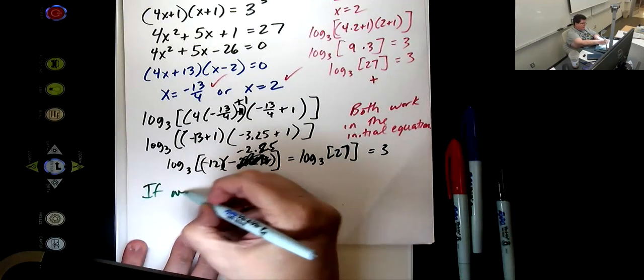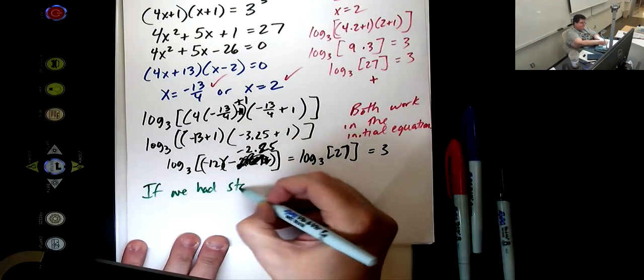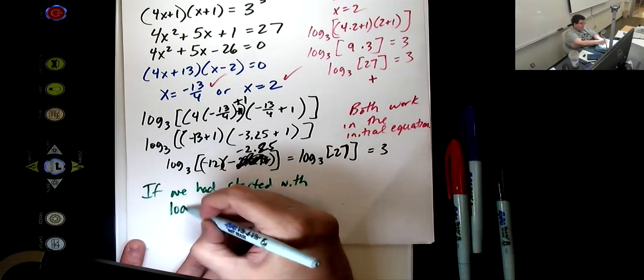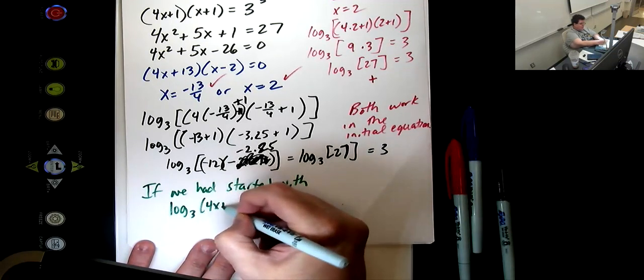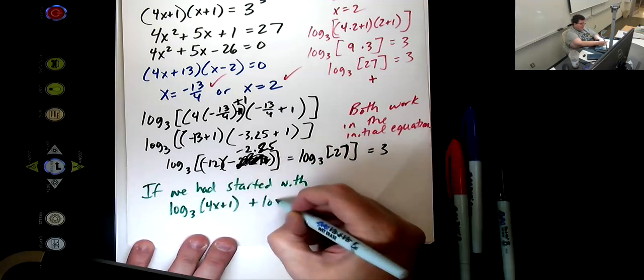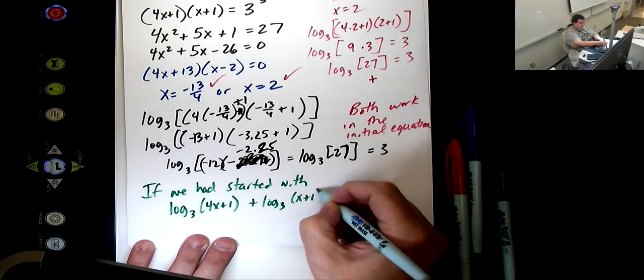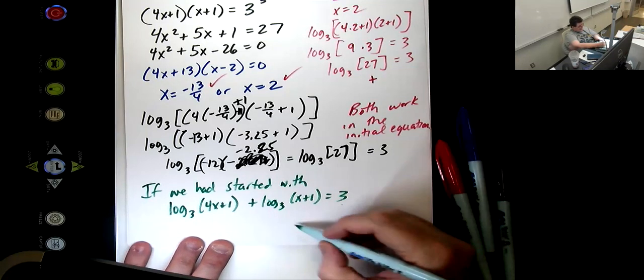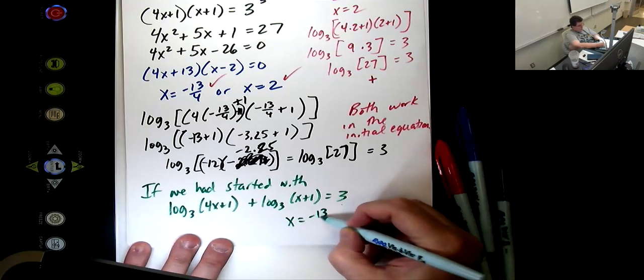If we had started with log base 3 of 4x plus 1 plus log base 3 of x plus 1 equals 3, then x equals negative 13 over 4 wouldn't work.